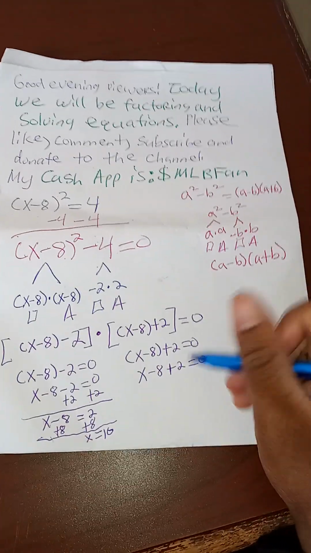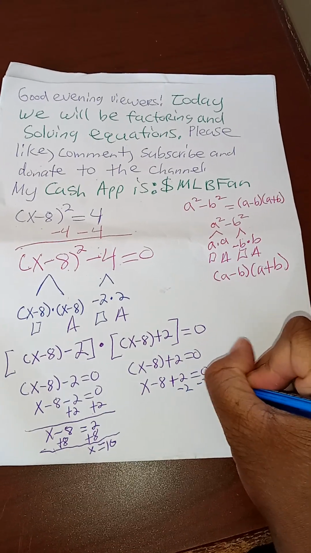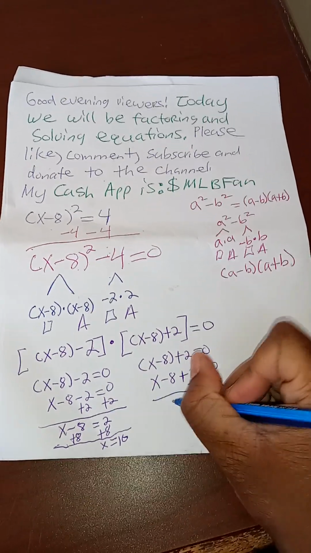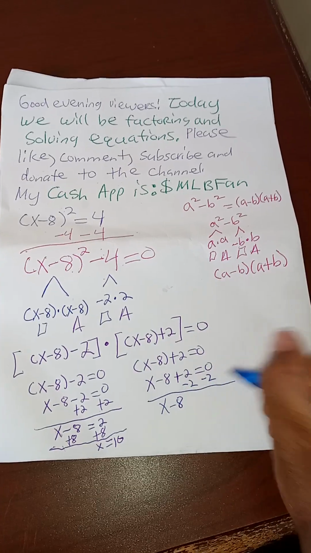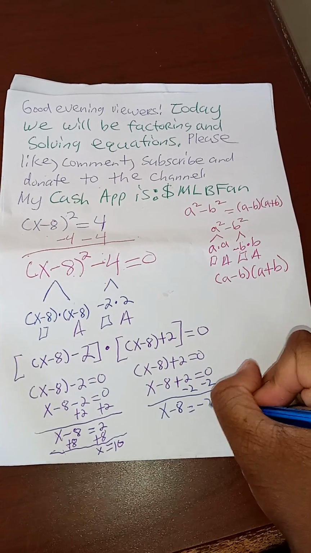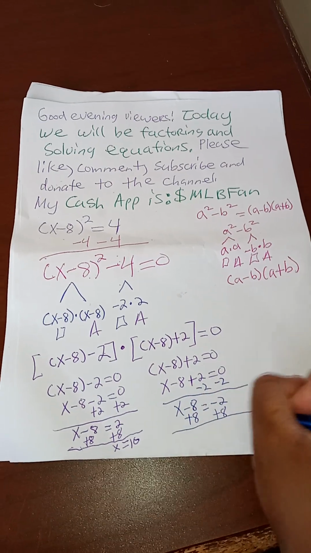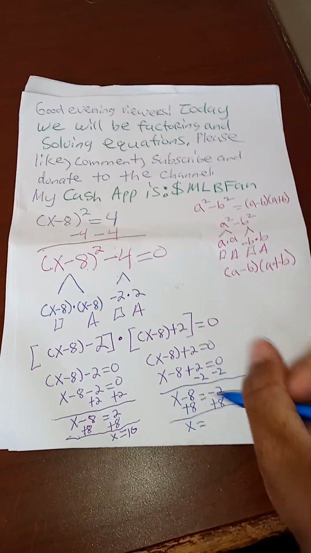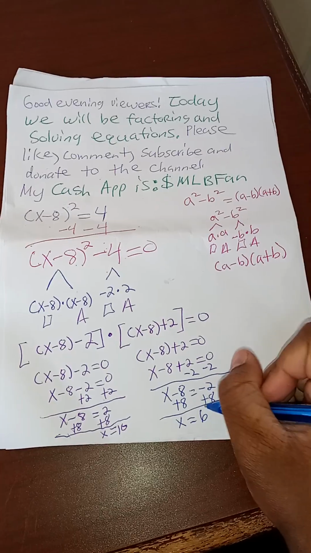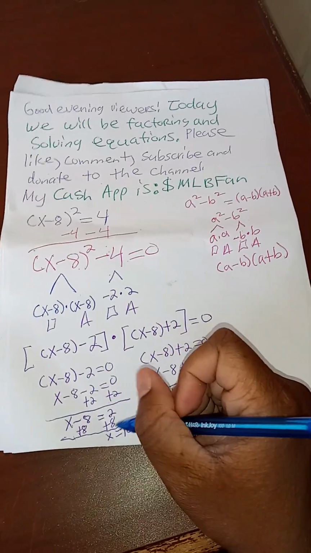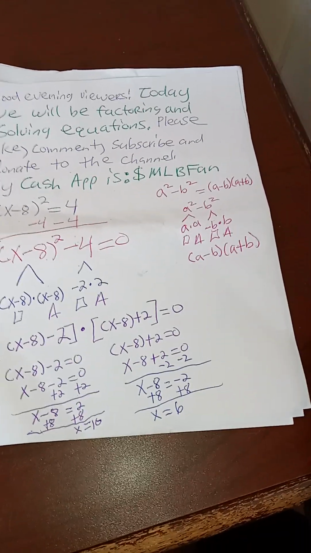Now let's check the other equation. We want to subtract 2 first from both sides, and then we will obtain x - 8 = -2, and then add 8 to both sides, and x will equal 6. And this appears to be our second solution.